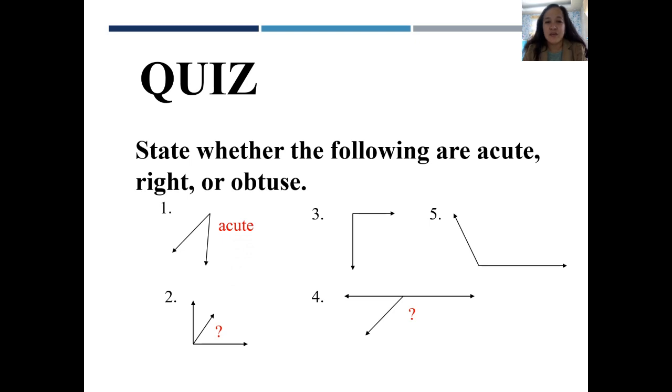Exactly, it is acute. What about figure 2? Very good. It is also an acute angle. Number 3, it is a right angle. Number 4 is an obtuse angle. And number 5 is also an obtuse angle.